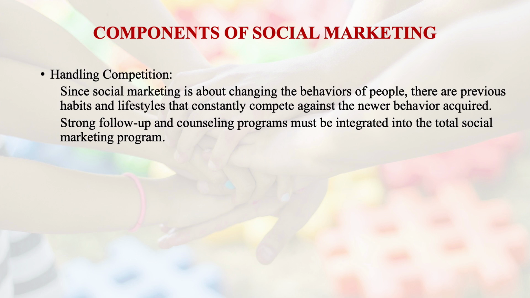So this is a kind of competition between the previous lifestyle and behavioral pattern and the now modified lifestyle and behavioral pattern. So an NGO or organization handling social marketing should go for follow-up and counseling programs, and this should be integrated with their total social marketing program, because here it is a competition.